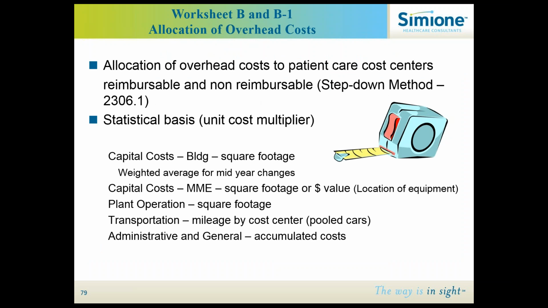Now B and B1 is the allocation. Here's where we come to the allocation statistics. All the costs of capital related, which is building, equipment, plant operation, are all allocated by square footage. Now I don't want you running around measuring the square footage for all the departments. The accepted means now has been simply to declare all your square footage belongs to administrative and general.